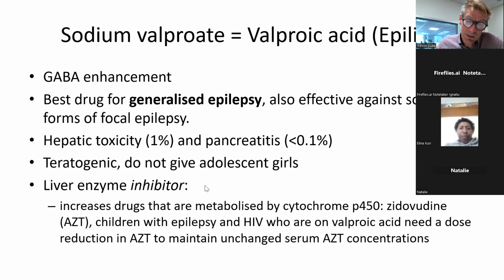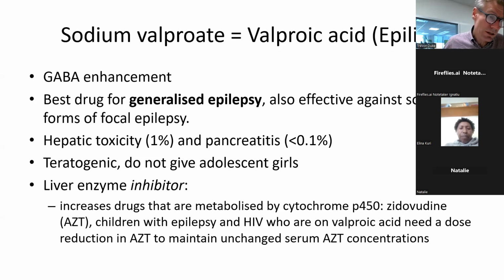So it blocks these enzymes, and that means that if a child's on a drug that is metabolized by those enzymes, such as AZT, then if the child's also on valproic acid, they need a dose reduction, not a dose increase. Otherwise, they'll get very high levels of AZT.